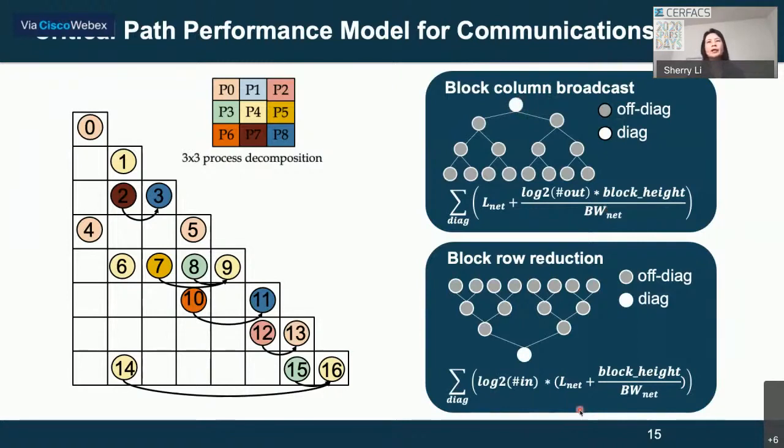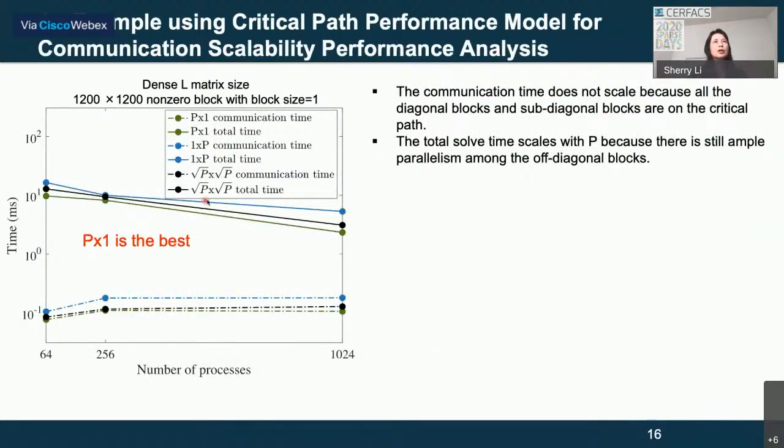So that's why it's actually not good to do 1 by P as your process configuration, because in that case you will have more communication across the row. That's essentially the same as the result here. P by 1 is better than 1 by P, because with 1 by P you have row reduction. Yeah. So that's the first question.